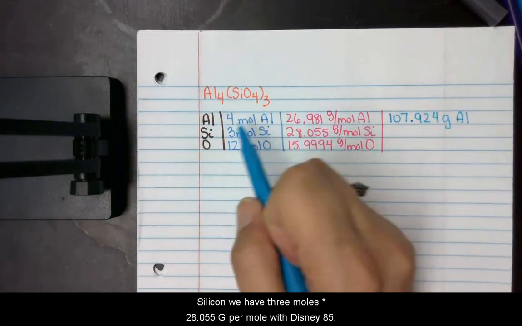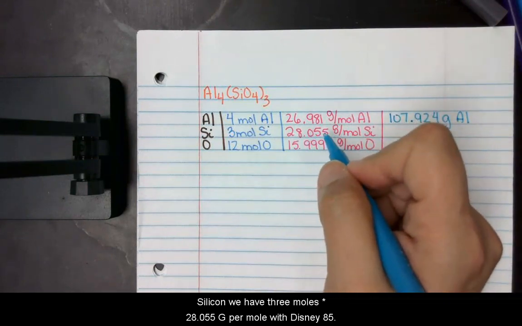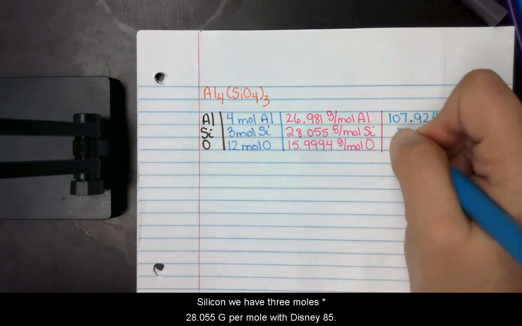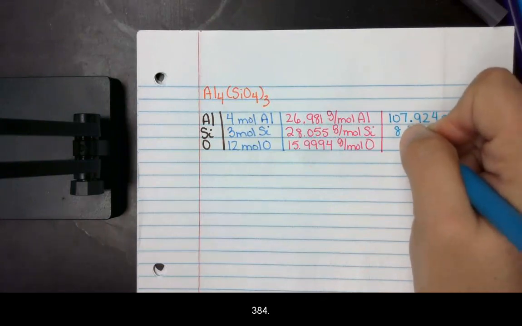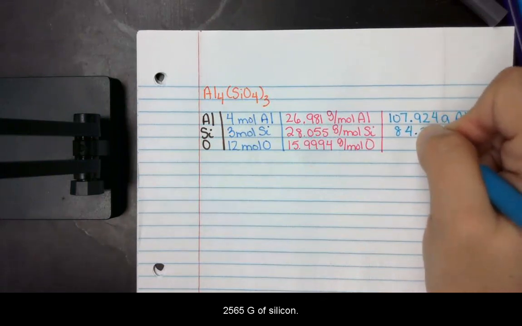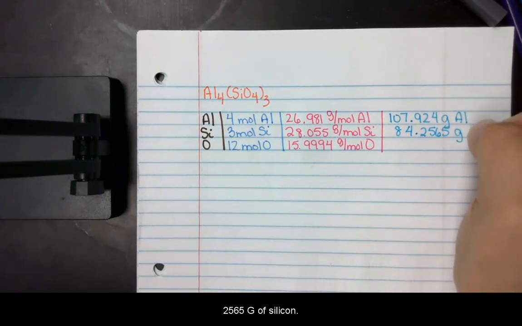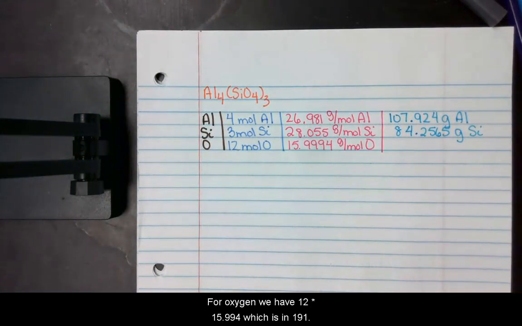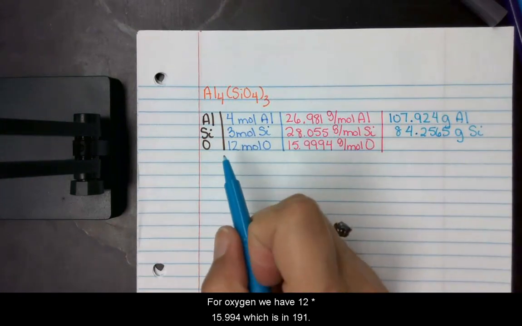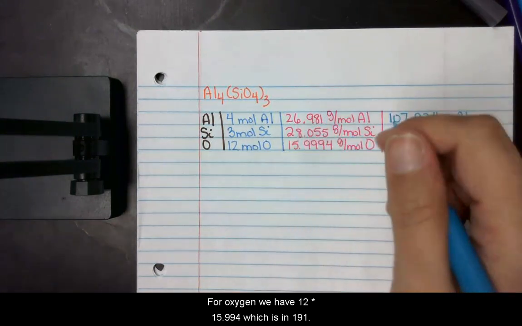For silicon, we have 3 moles times 28.055 grams per mole, which gives me 84.2565 grams of silicon. And for oxygen, we have 12 times 15.994, which gives me 191.928 grams of oxygen.